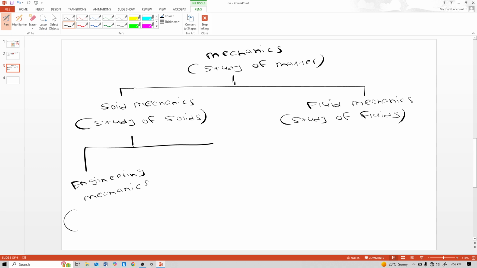In our engineering mechanics subject, we will only take care of rigid bodies, that is, the study of rigid bodies only. We will not study deformable bodies. The study of deformable bodies we studied in the strength of material subject. So here we will study rigid bodies.